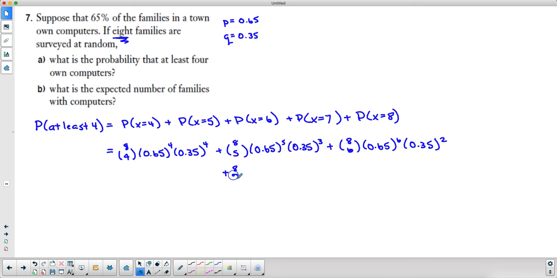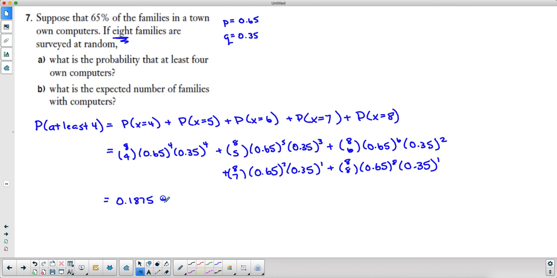Plus 8 choose 7, 0.65 to the 7, 0.35 to the 1. And then 8 choose 8, 0.65 to the 8 times 0.35 to the 0.